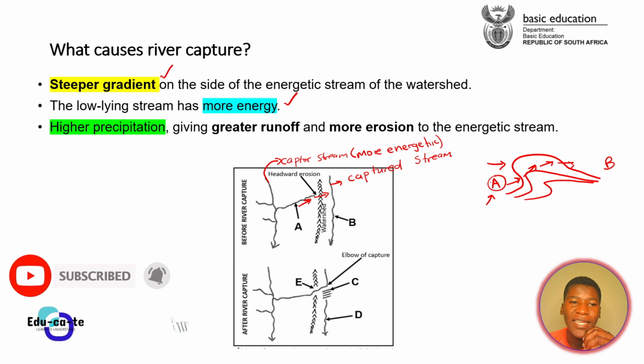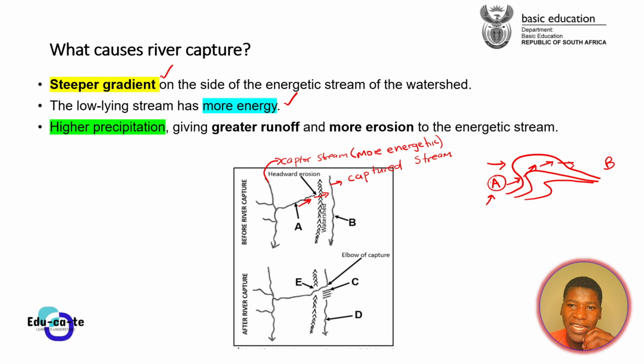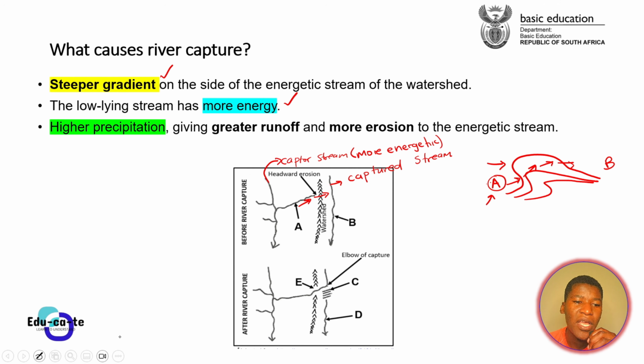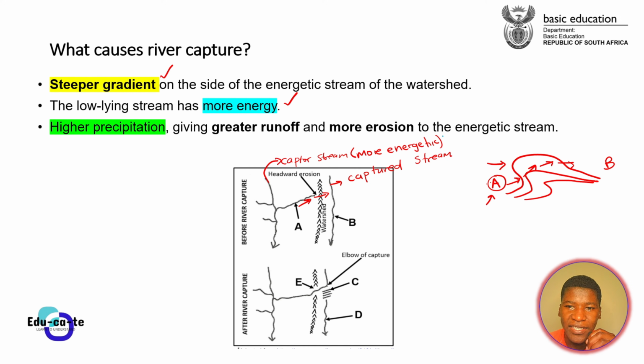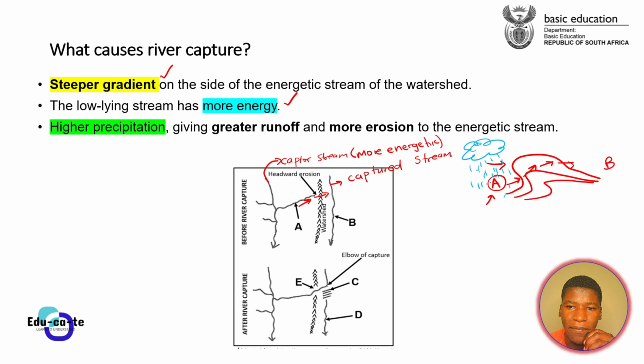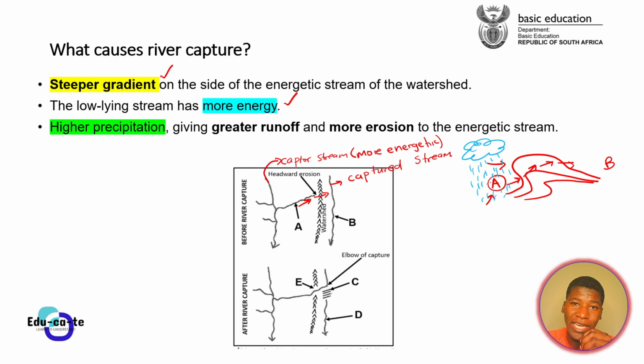The other cause: there is a higher precipitation giving a greater runoff, more erosion to the energetic stream. So if there's a lot of rainfall on the energetic stream, just assume that it's a rainy area on the side of the captor stream. Since it's a rainy area, this river will have a larger volume of water. It will have more water in it.